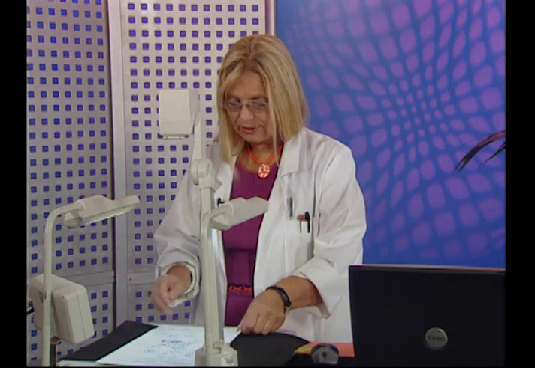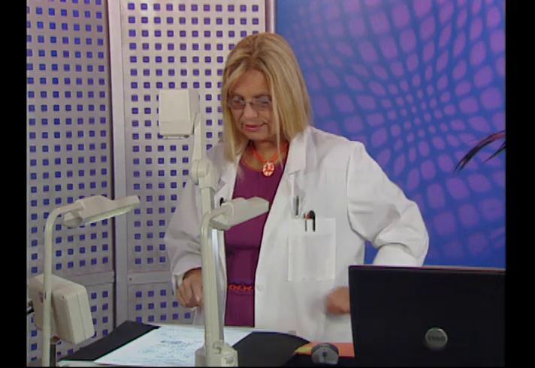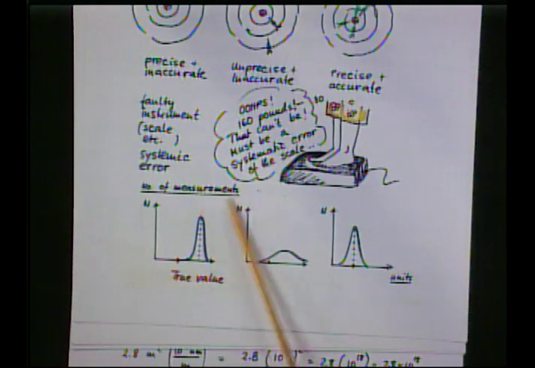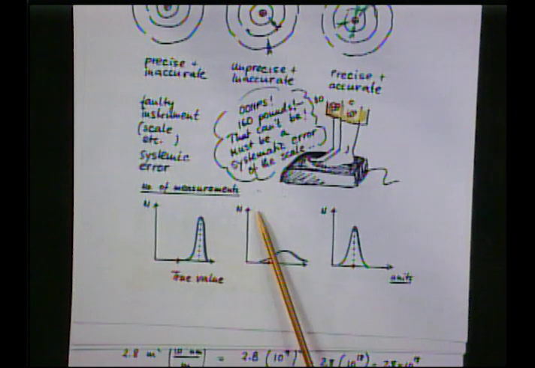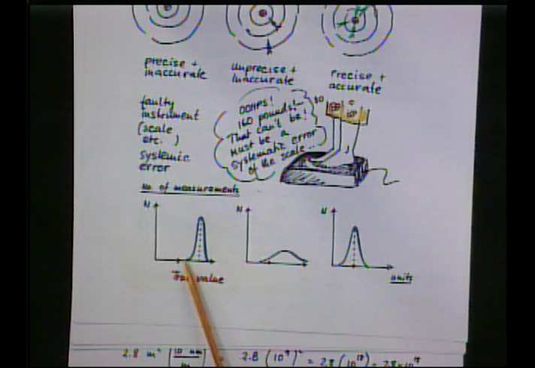If we look at this with some little curves, we can say the number of measurements is this axis here, the y-axis or ordinate. And if we look at this axis, we can have the distribution curve of a certain number of measurements. The more the better for statistical purposes.